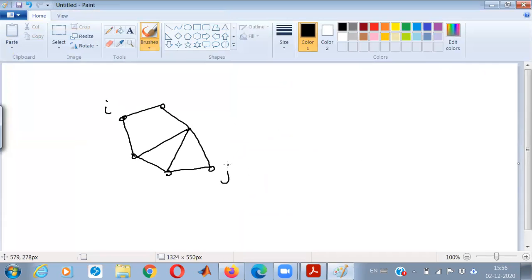Imagine the graph as an electrical network with unit resistance on each edge, and ask what is the effective resistance between i and j, which we can find by series and parallel rules or some other way. That is one classical definition of resistance distance. The terminology was coined by Klein and Randić in the early 90s, and that caught on. There are lots of papers on resistance distance. There's also a definition using random walks, where a particle on this graph moves from a vertex to a neighboring vertex with equal probability.